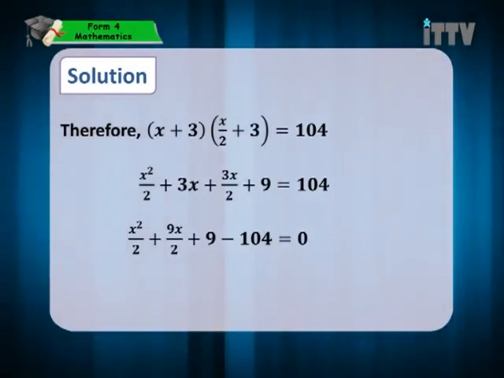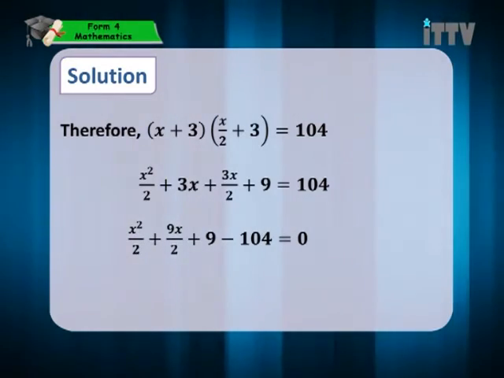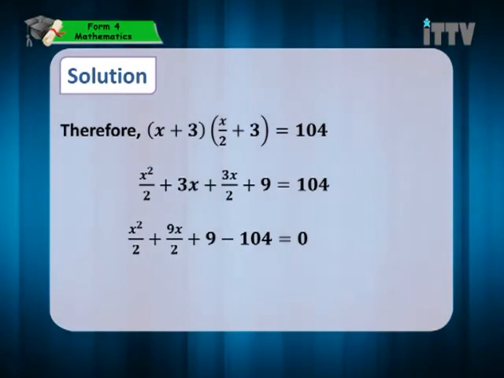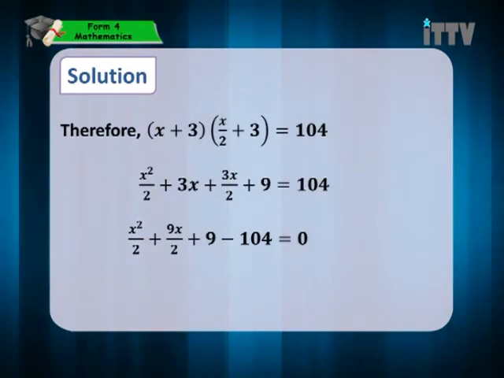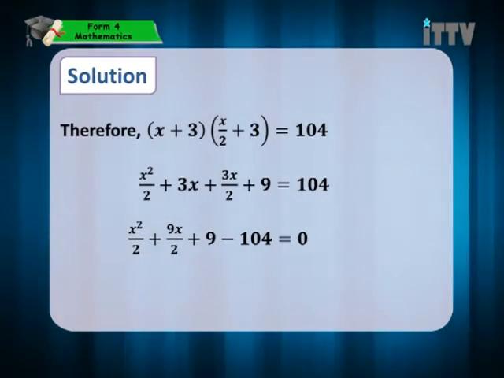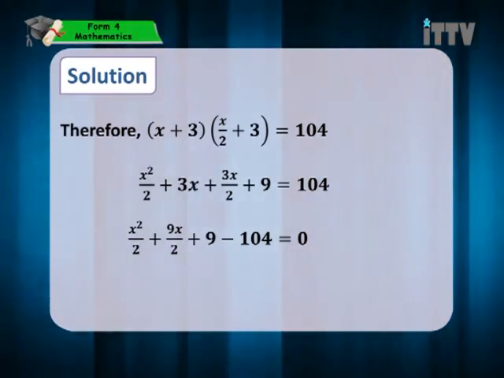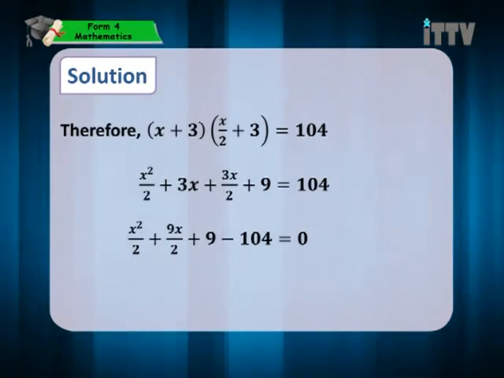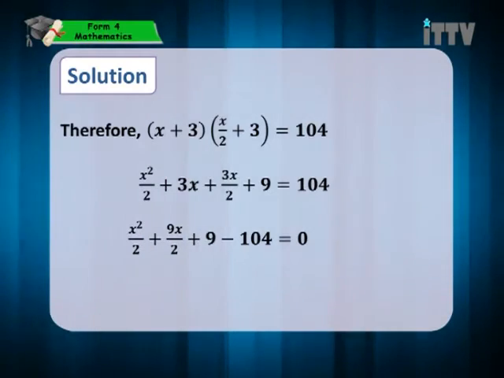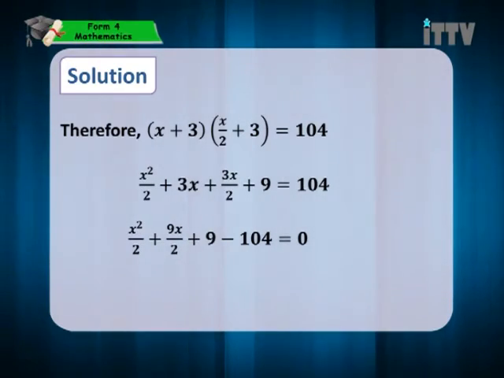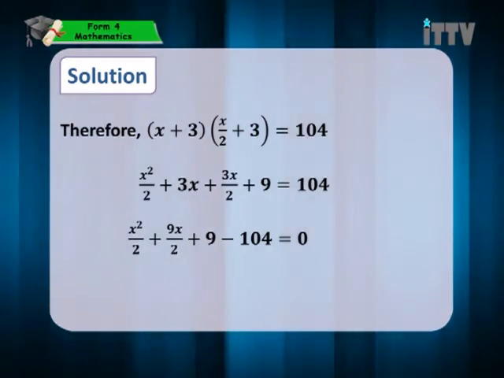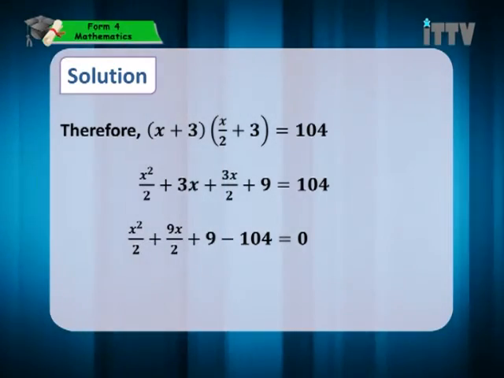Now, continue with the steps. Therefore, the product of x plus 3 and x over 2 plus 3 equals 104. Expand the equation. X squared over 2 plus 3x over 2 plus 9 equals 104. Shift it to general form.